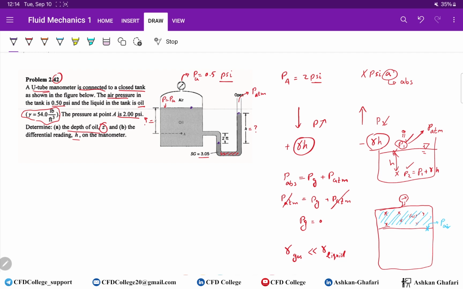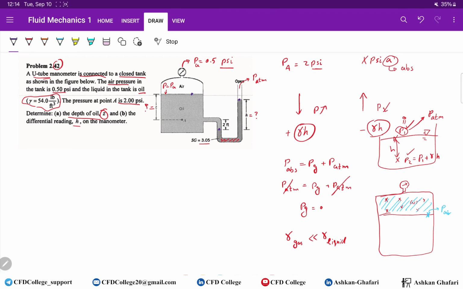Here we have an interface between air, because the manometer is open here, and this liquid. So we have 3 key points. Now here is point A, and point A is another key point in this problem. Why? Because we know the pressure of this point.